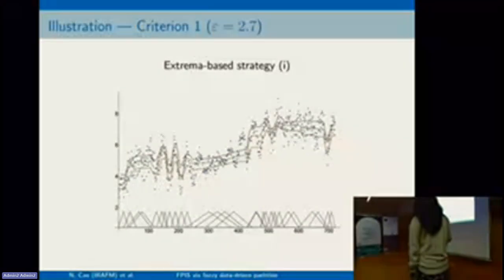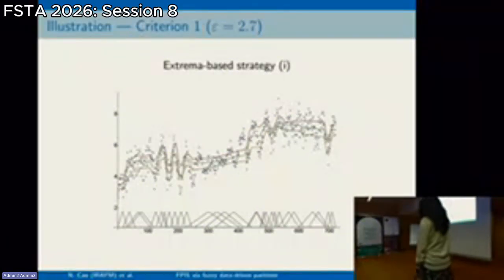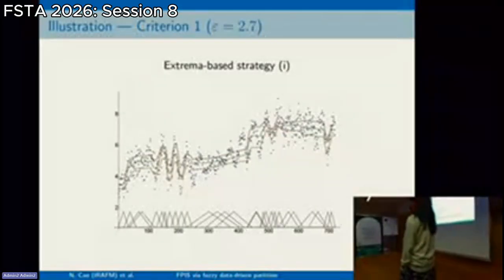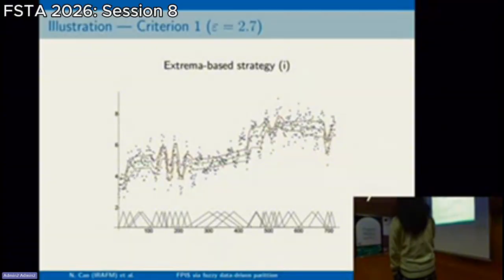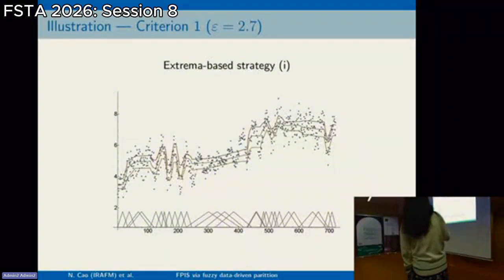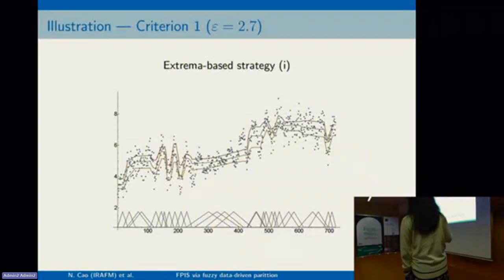And how we are satisfied with this kind of data-dependent fuzzy partition instead of the uniform one. As you can see, for example, in this area, the distance between the values is not too much.